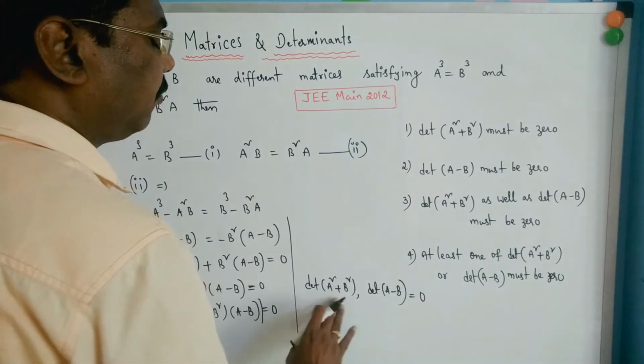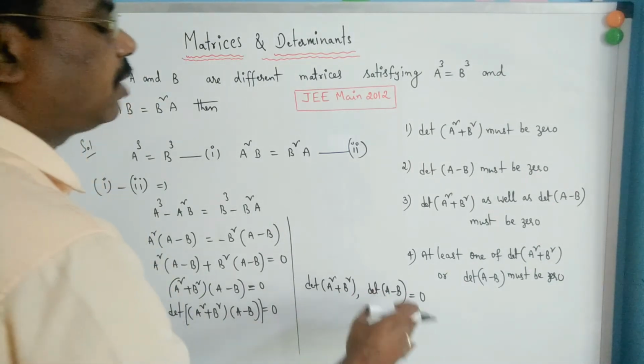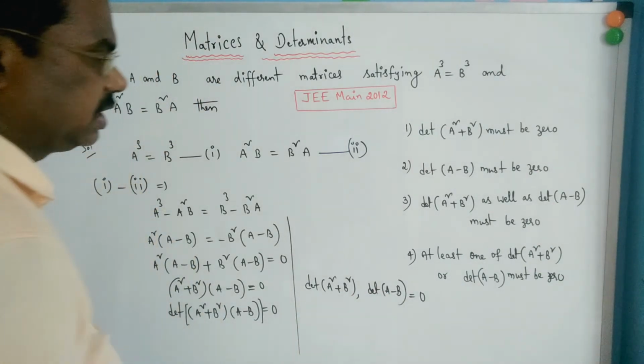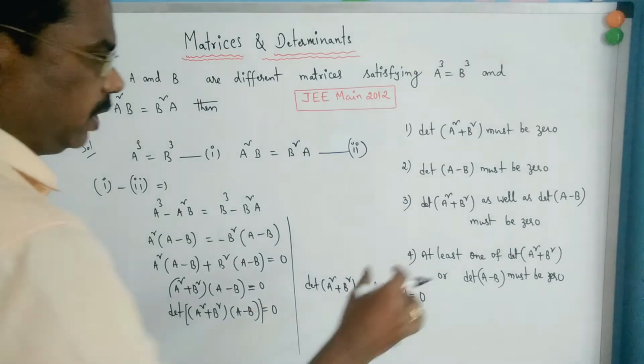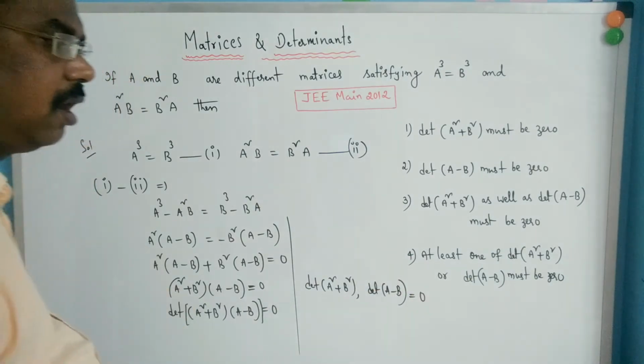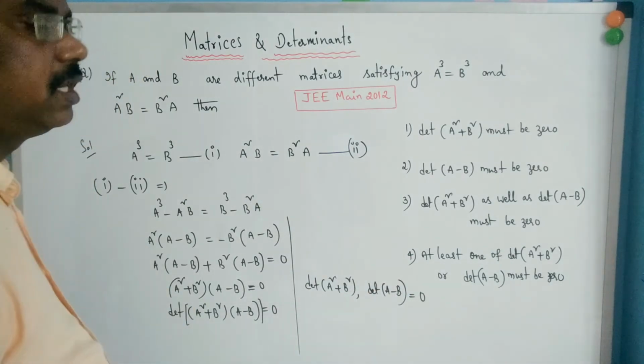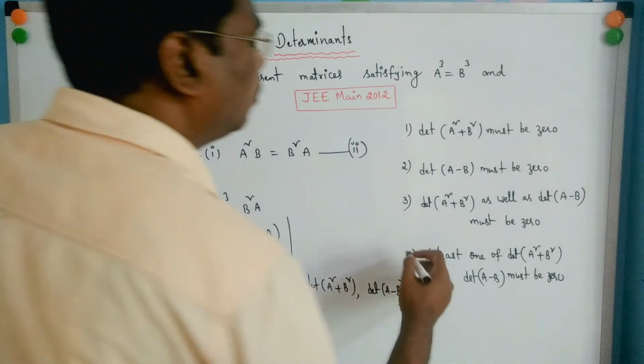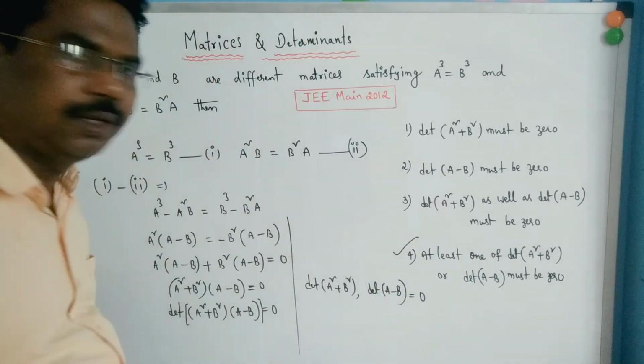Therefore, det of A square plus B square, det of A minus B is equal to 0, means at least one of det of A square plus B square or det of A minus B must be 0. Now fourth one is the correct one.